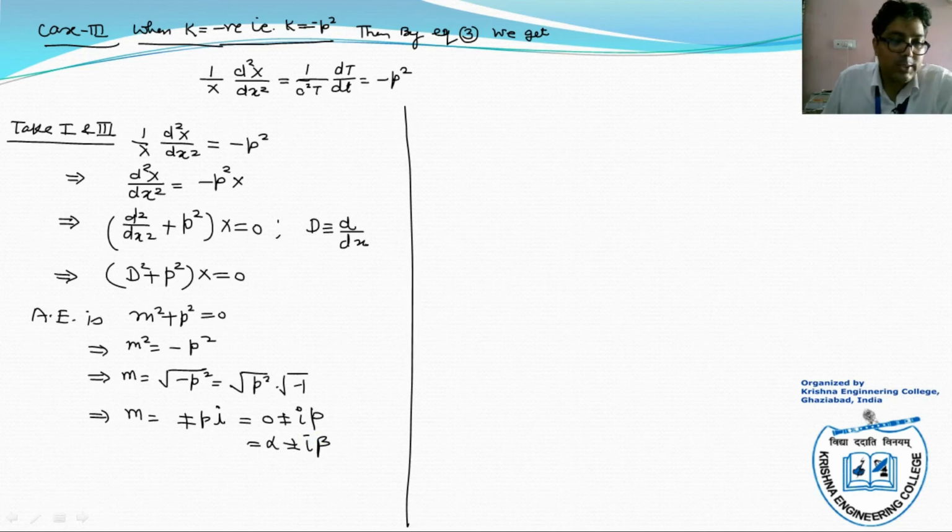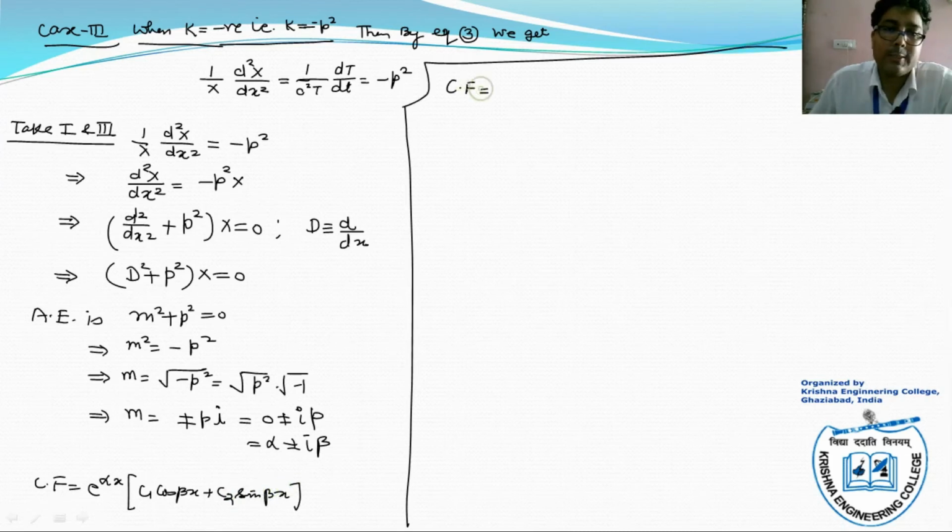So CF in this case is equal to e to the power alpha x, where x is the independent variable, into C1 cos beta x plus C2 sin beta x. So CF is e to the power 0 into x, C1 cos px plus C2 sin px.